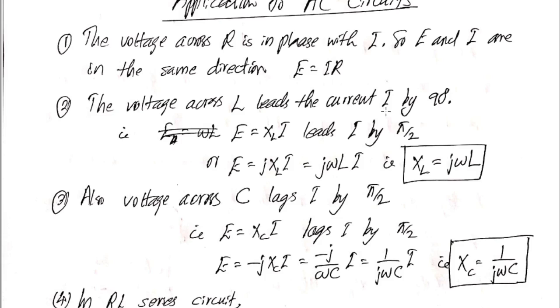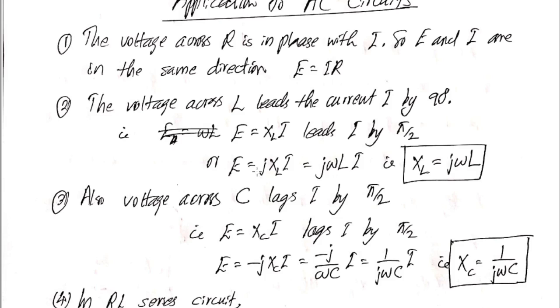leads the current I by a phase of 90 degrees. Magnitude of voltage E is equal to I into XL, which leads the current I by pi by 2. So we can say that voltage E is equal to XL I, and that quantity should lead I by an angle of 90 degrees.